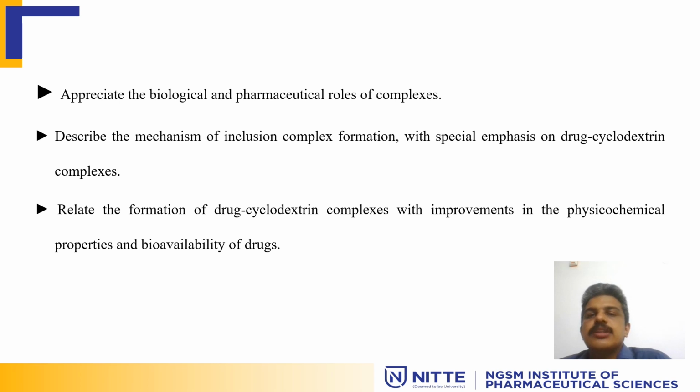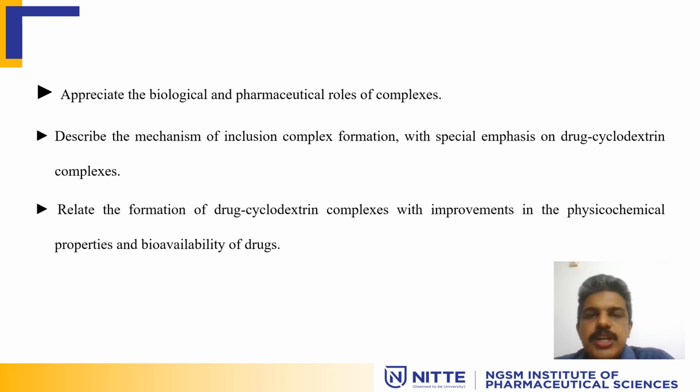There are mainly three types of cyclodextrin: alpha, beta, and gamma cyclodextrins. Each compound has its own capability to form complexes with various drug molecules, and we also relate the formation of drug cyclodextrin complexes with improvements in the physical properties and bioavailability of the drugs.